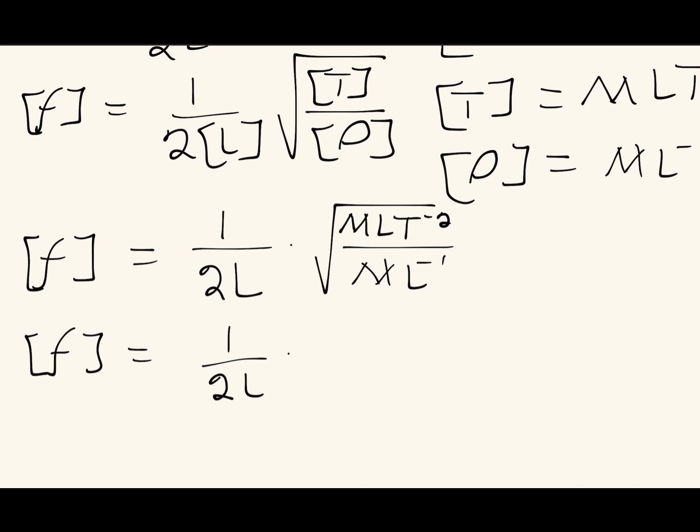So the M's cancel out. L over L raised to the power -1 will come up and end up being L raised to the power 2. So now we no longer have a fraction. We have L^2 T^-2.